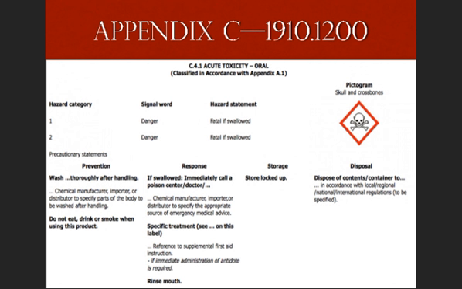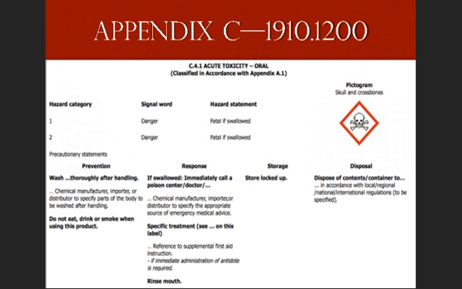You have the labeling requirement for acute toxicity oral listed on the screen. Firstly, you will see that the label contains a hazard category, an appropriate signal word, a hazard statement, and the skull and crossbones pictogram. Beneath this information, precautionary statements are made with respect to prevention, response, storage, and disposal.